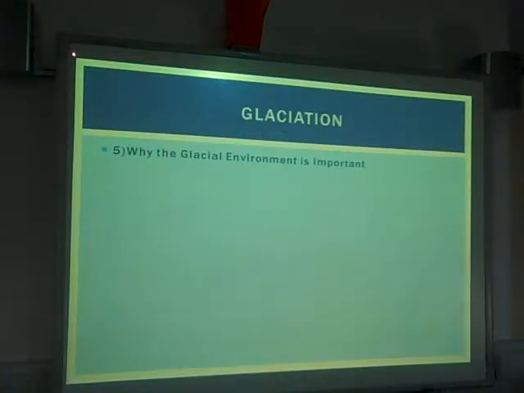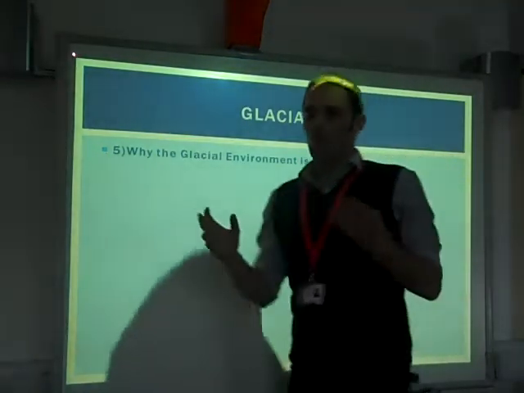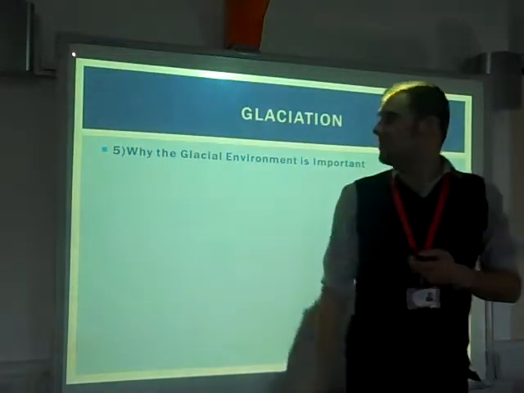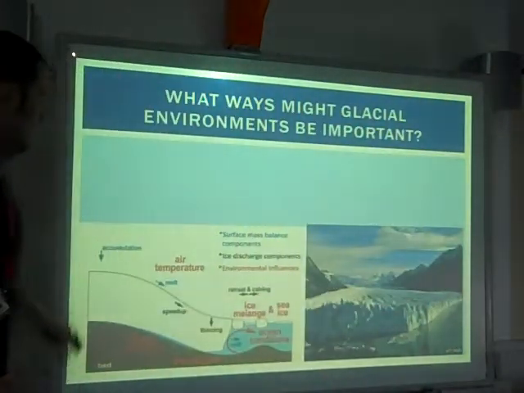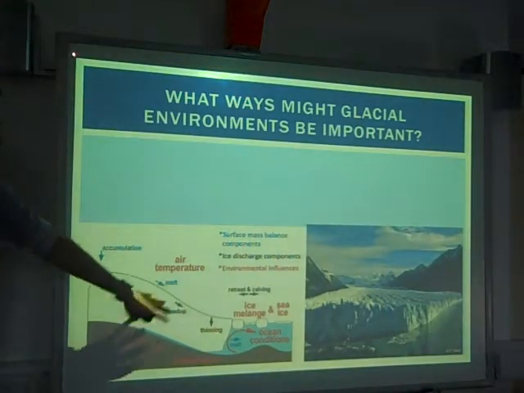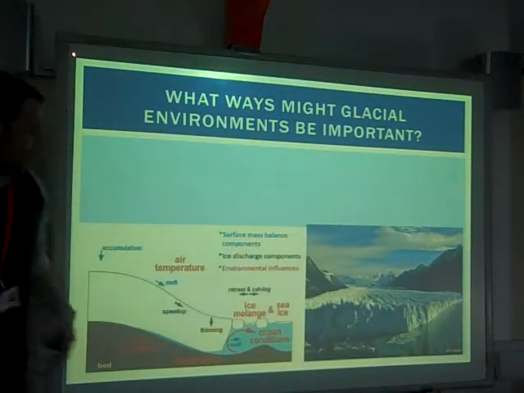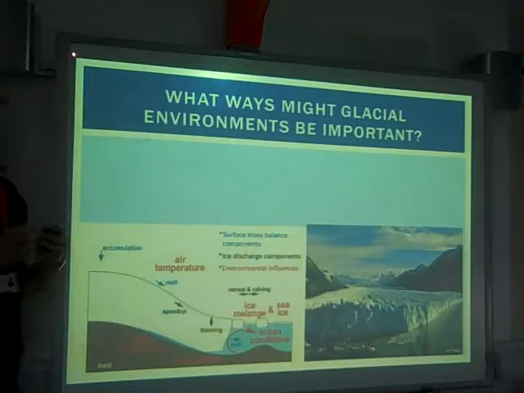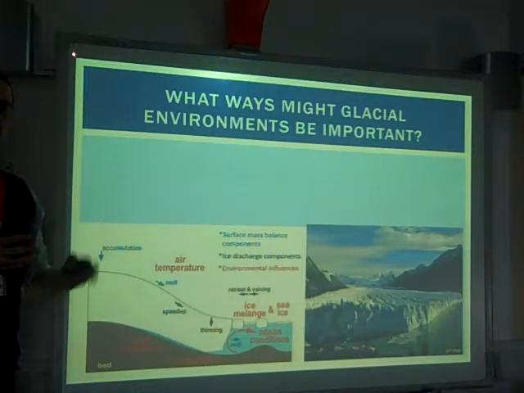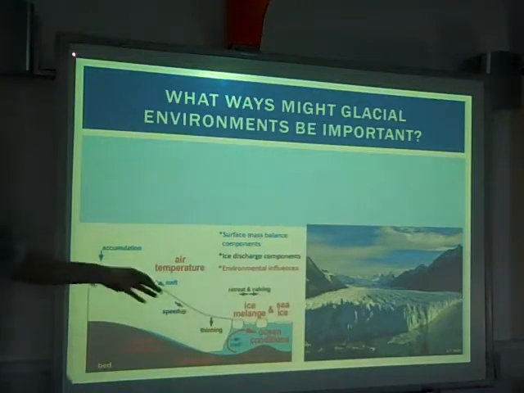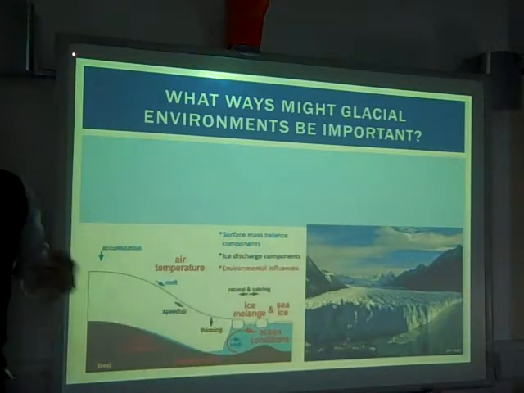Another key thing, and this is where the topic divides in two, is to look at why glacial environments are important. So, looking at this diagram, what can we see? Well, first of all, glaciers are important because of their output. So if a glacier goes into the sea or ocean, it often is bringing with it fresh water, because the ocean or sea is salt water.